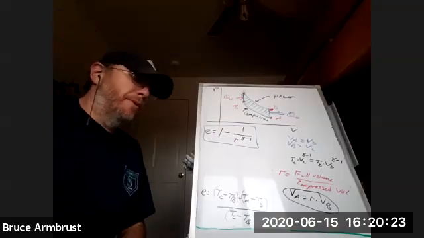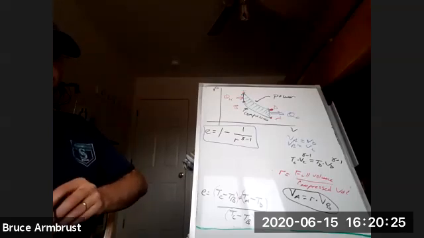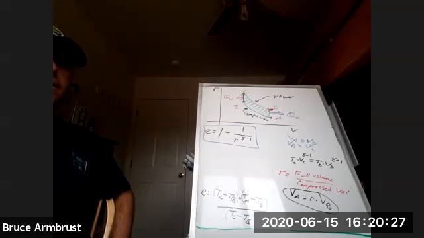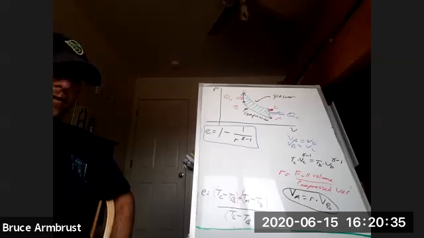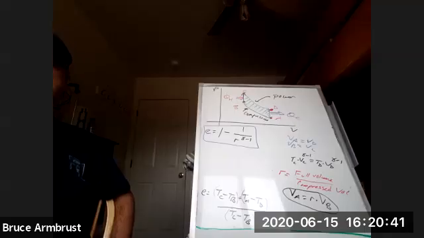Okay, but remember what R is. It's the ratio of the volumes. So that R is going to be completely open piston to completely closed. And so there's going to be a limitation.